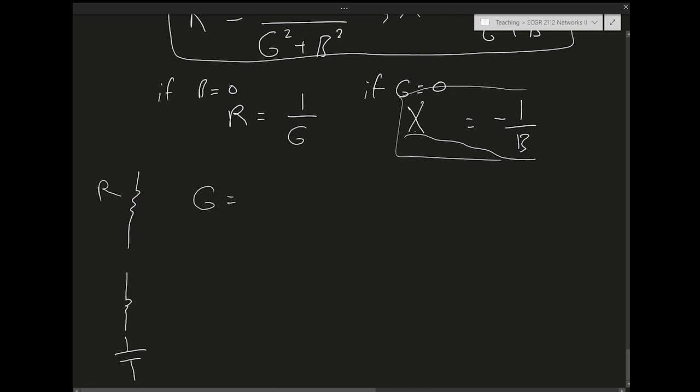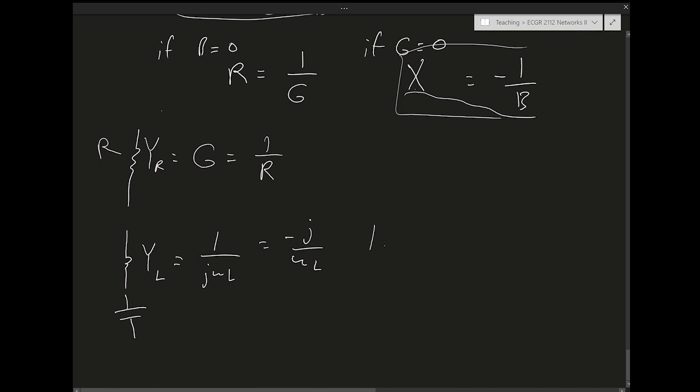There's no imaginary component, and this equals 1 over R. This is Y_R, the admittance for a resistor. The admittance for an inductor is the inverse of the impedance, which is 1 over j omega L, which is minus j over omega L, right? So B for an inductor, B_L, is going to be minus 1 over omega L.